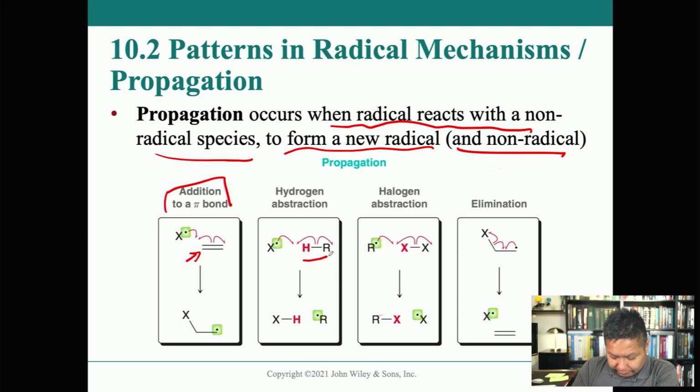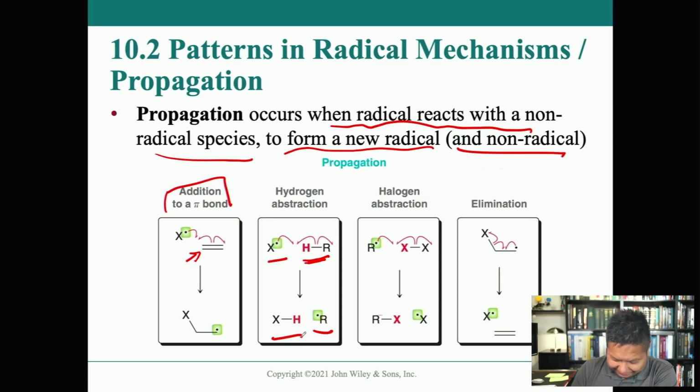Same thing here. We have an alkyl halide. This radical halide will introduce its radical into the system, breaking that apart, making an alkyl radical and a hydrogen halide, a hydrogen chloride or hydrogen bromide. I keep on forgetting what I call these now.